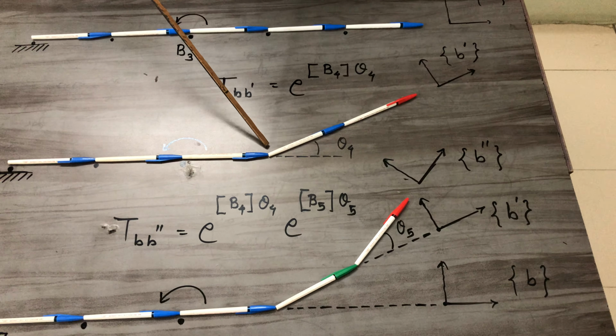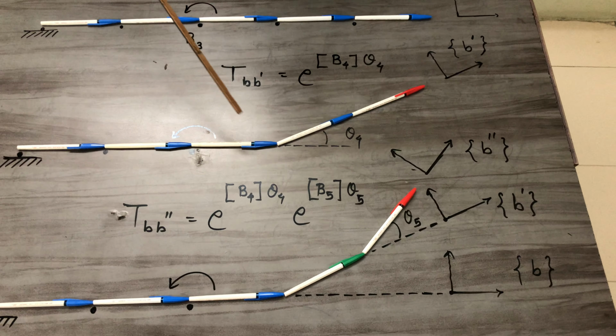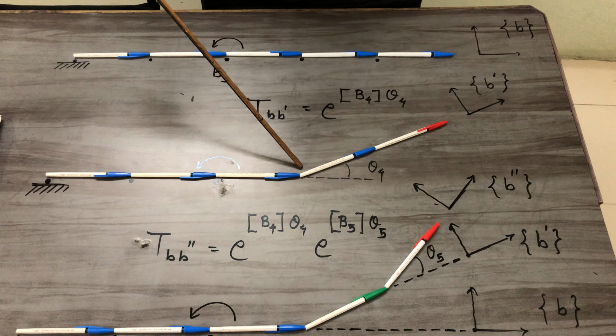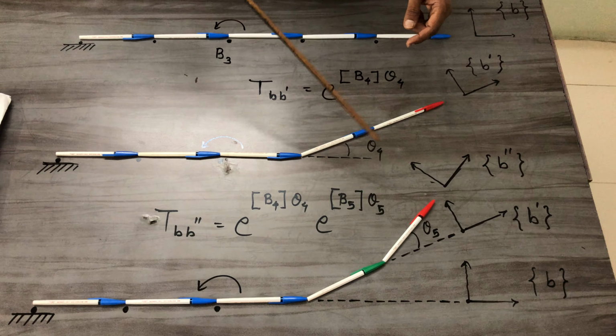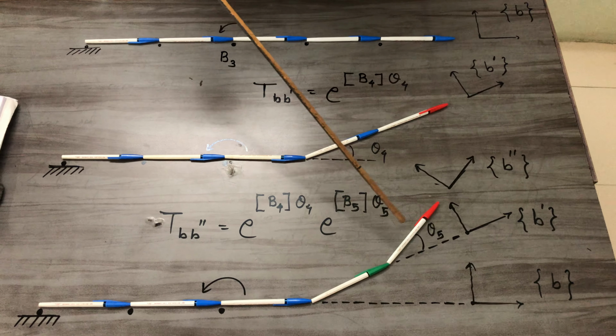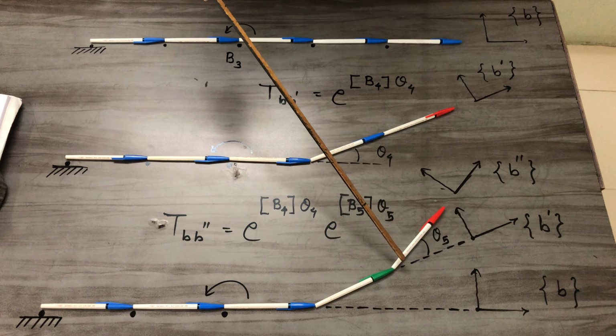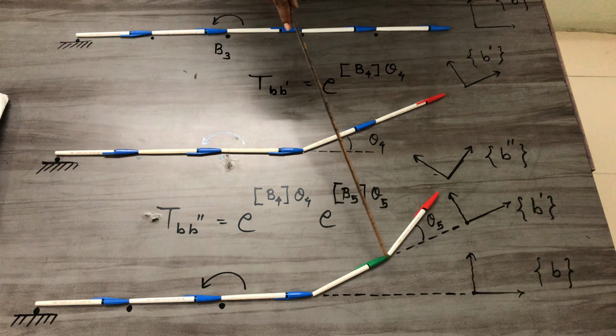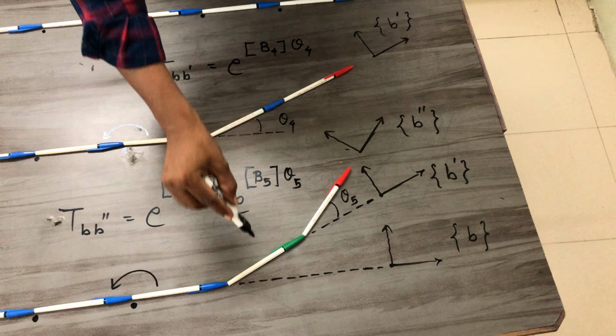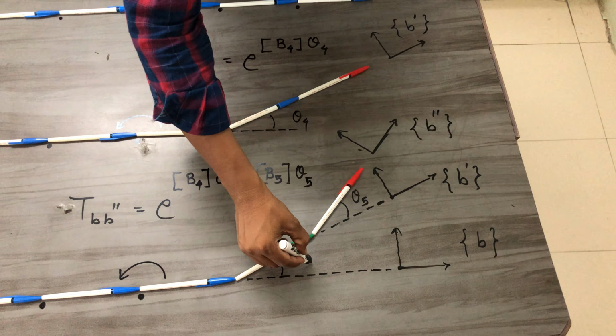From this joint, we rotate joint 4. We want to find JB3. So we have rotated first joint 4 up to θ4, and then this one is rotated by θ5 about this axis, and this one is θ4.